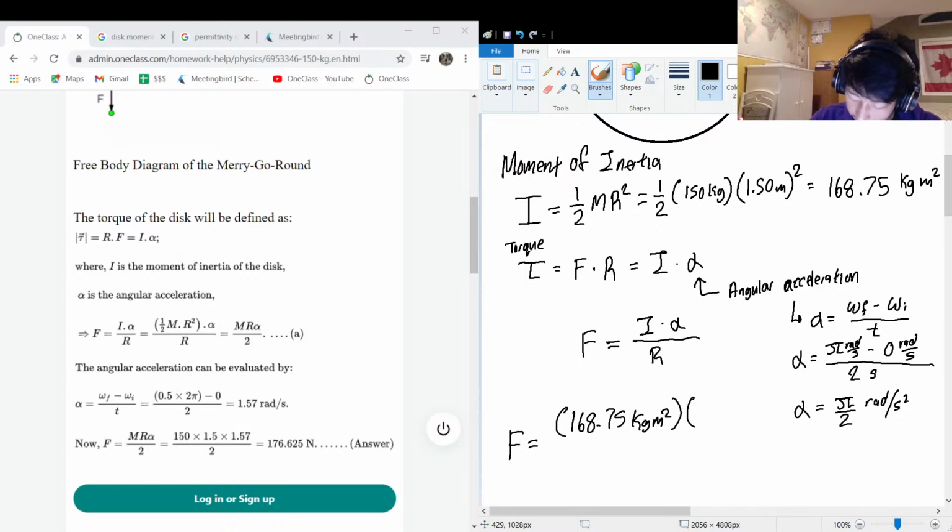Alpha is pi over 2 rad per second squared. That whole thing divided by the radius, which in this case is 1.50 meters.